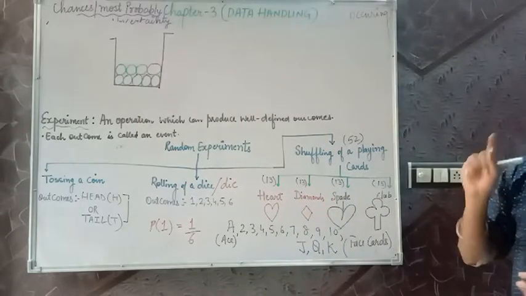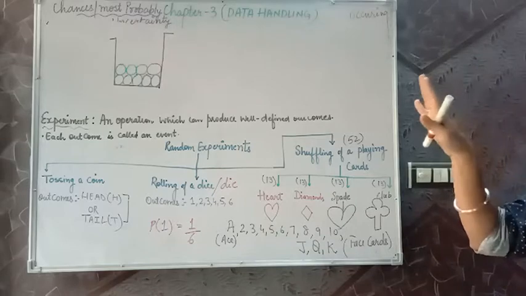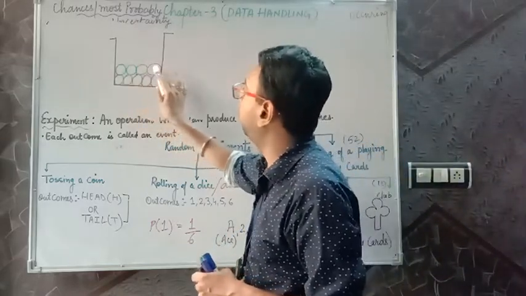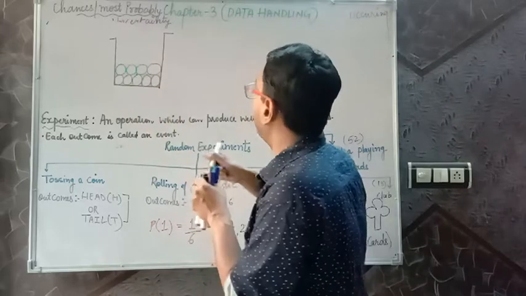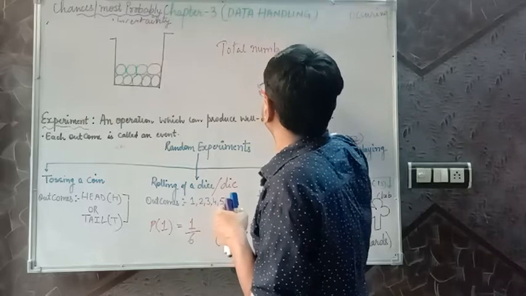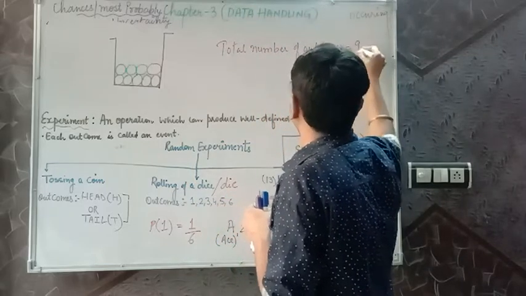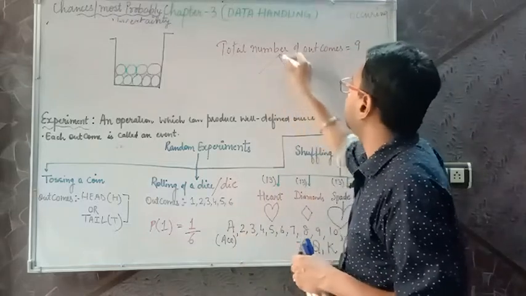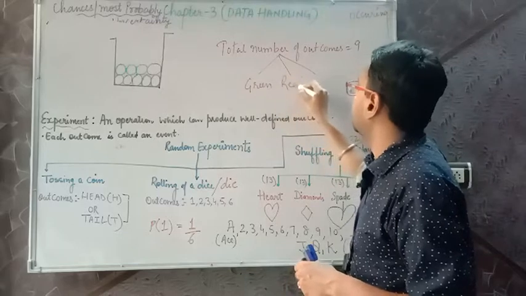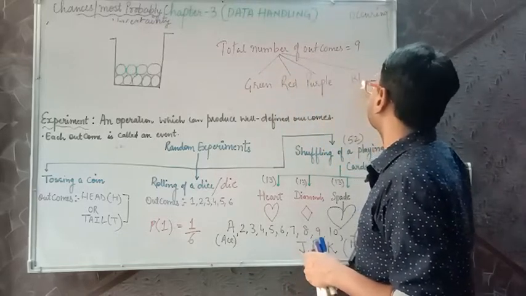Clear? If I want to ask what is the total number of outcomes, how many marbles are there? 1, 2, 3, 4, 5, 6, 7, 8, 9. So the total number of outcomes is 9. Outcomes are green, red, purple and blue color.